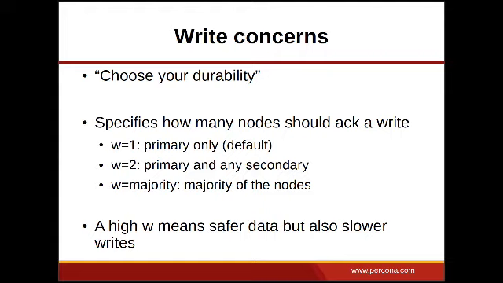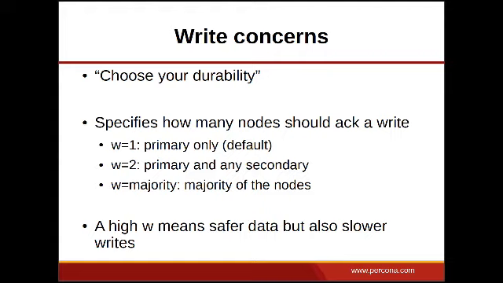More interesting is W equals majority, which means that the majority of the nodes should acknowledge the write. So if you have 3 members, as long as 2 members have acknowledged the write, the write will return, and that's interesting for data safety.